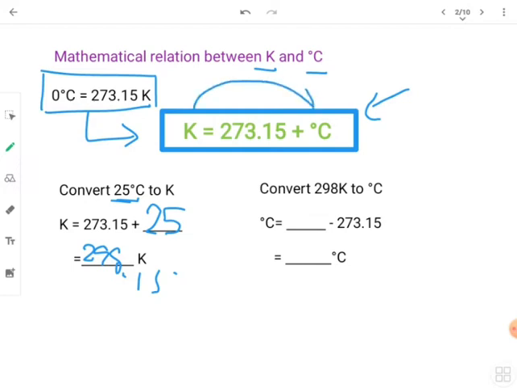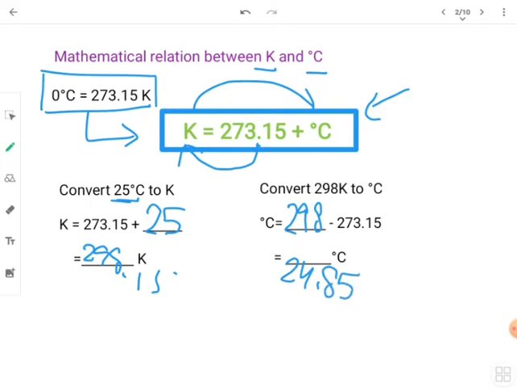And just the opposite, for example, if you have to convert from Kelvin to degree Celsius, it is just like a mathematical equation. You will take this onto this side, and when you bring this on this side, it will come with a negative sign. So when you are converting 298 Kelvin to degree Celsius, you will write 298 minus 273.15, which will be somewhat equal to 24.85 degrees Celsius.